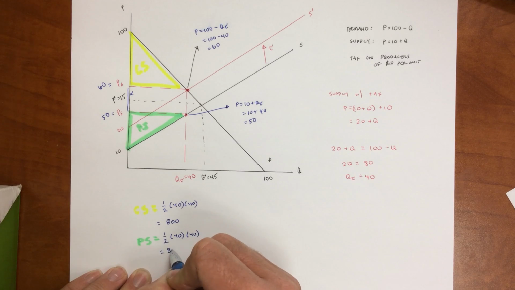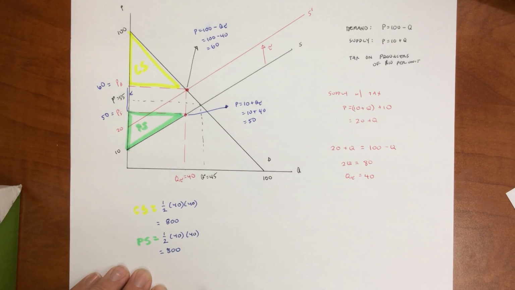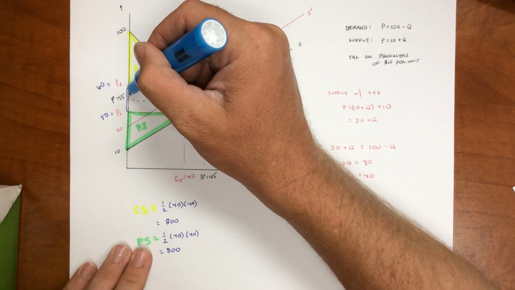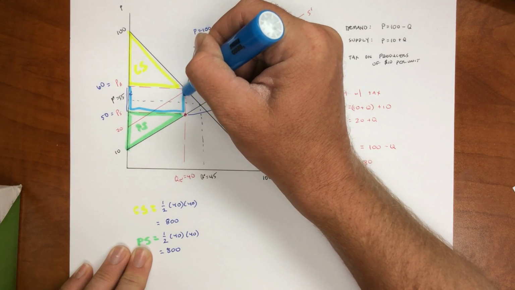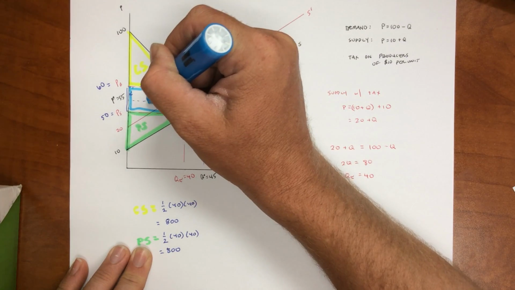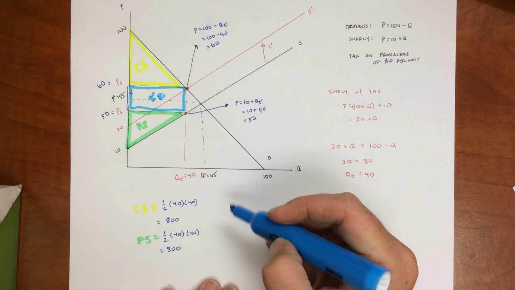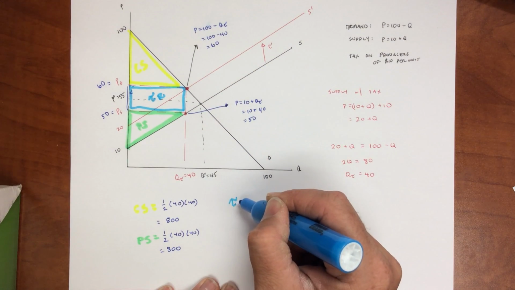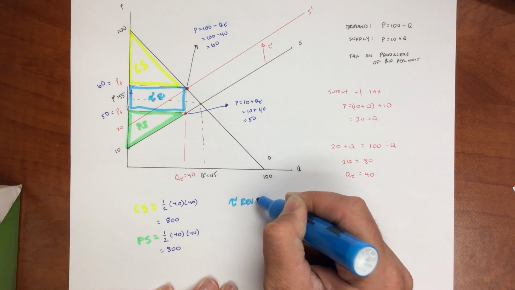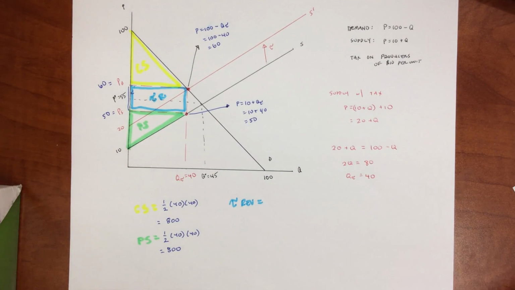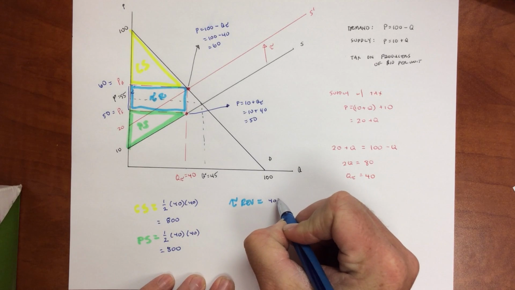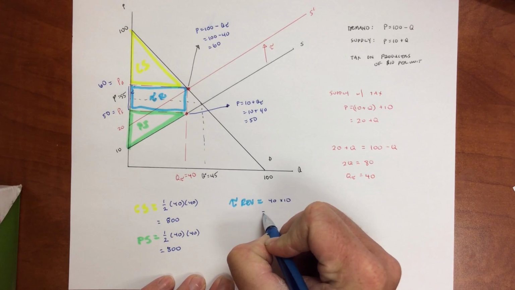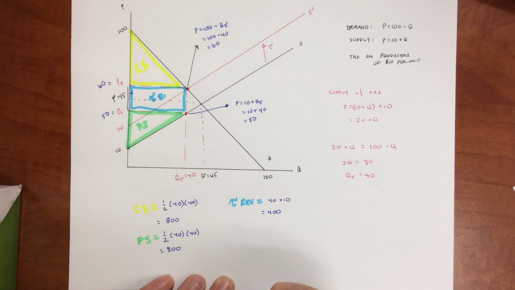So the producer surplus is 800. And now I can look at the tax revenue, which is the size of the tax times the number of units sold. So tax revenue is equal to the base, which is 40, times the height, which is 10, which is 400.